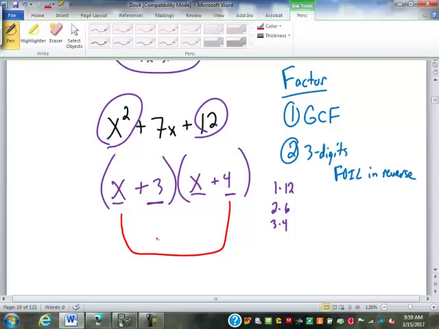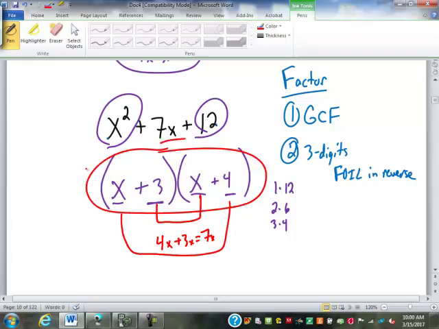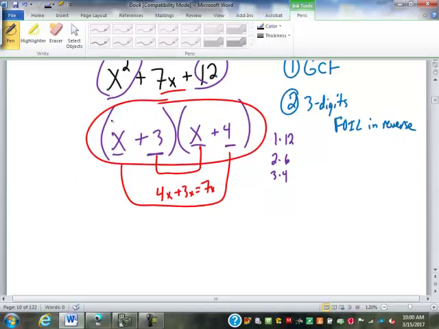X times 4 is 4x. Check on the inside. 3 times x is 3x. That adds up to 7x. At this point, that will work. We will get into some that are a little more complicated. So that one is going to look very similar to this one.